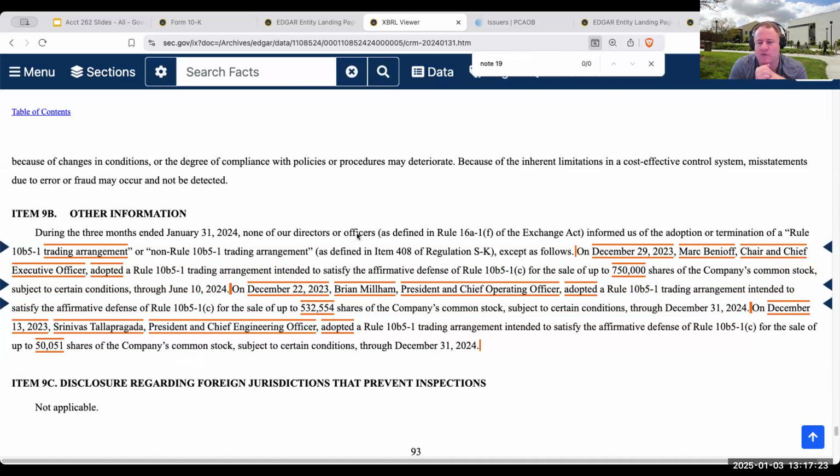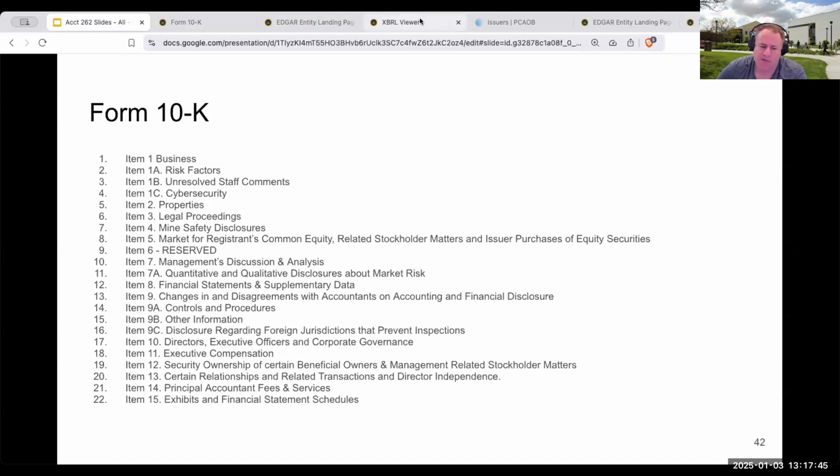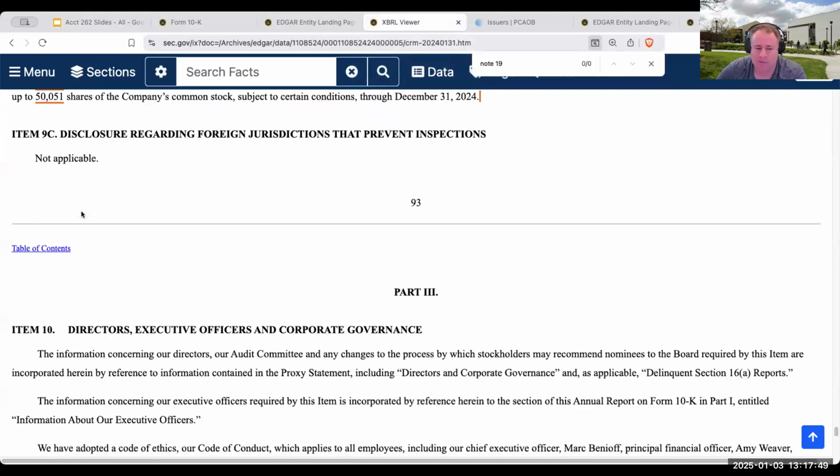You want to make sure that you're compliant, so it's not, oh, we just released earnings, so I know we're going to have great earnings. This is basically to protect officers and directors from shareholder lawsuits about trading under insider information. It's called a 10b-5 plan. Okay, so Item 9C, disclosure regarding foreign jurisdictions, not applicable.